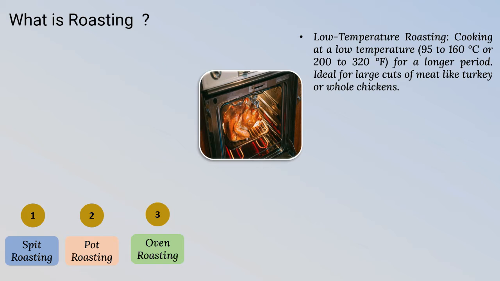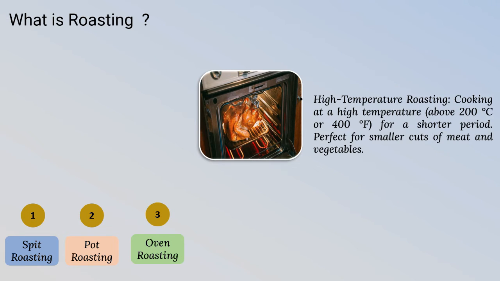You got my point. So if there is a low temperature roasting, there has to be another one. Yes, high temperature roasting. And what does it mean? Cooking at a high temperature, that means above 200 degrees Celsius to 400 degrees Fahrenheit for a shorter period of time.